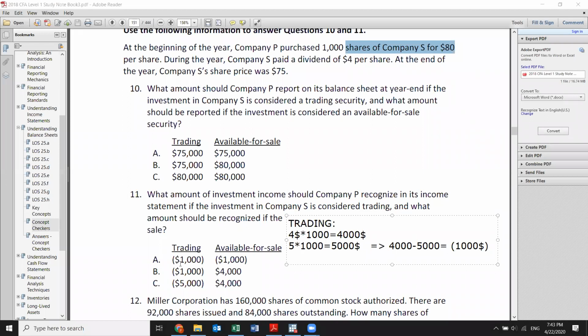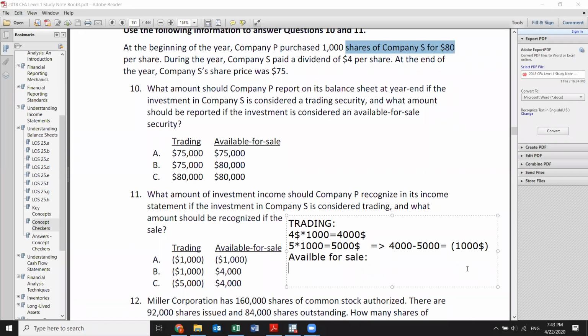So for trading, A or B, we can see definitely. So let's go for available for sale. Here, we are not caring about reselling because we will keep it. We haven't purchased these shares with the purpose to resell them to make some markup.